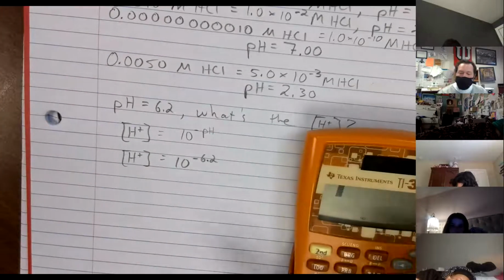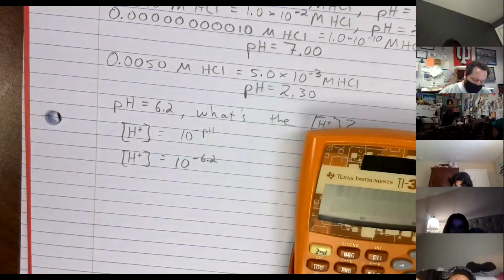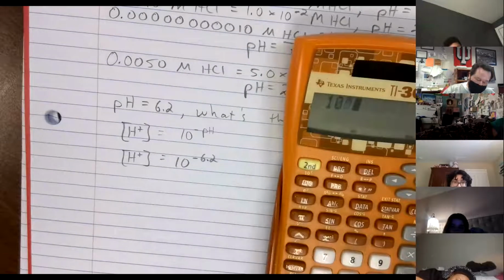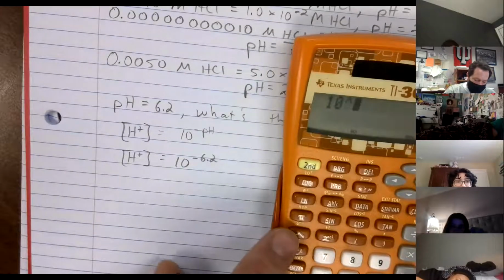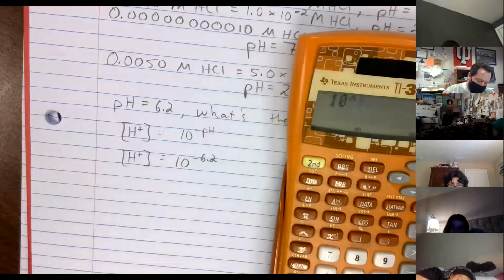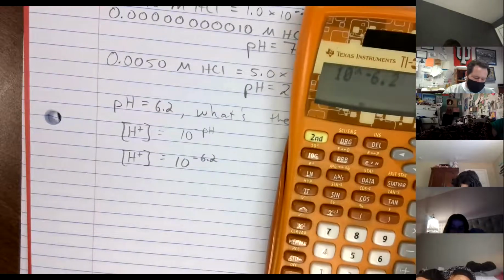On our calculator, you can use big E if you want to: just hit second, big E, negative 6.2. I'm going to use the caret button, so I type in 10, caret, which gives me to the power of, and then I hit my negative 6.2. Hit enter, and there we go.